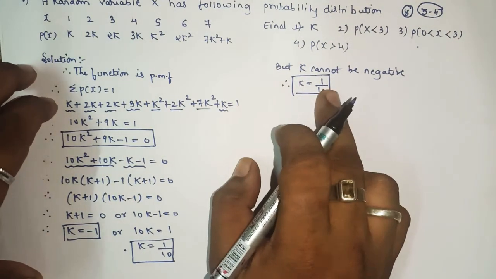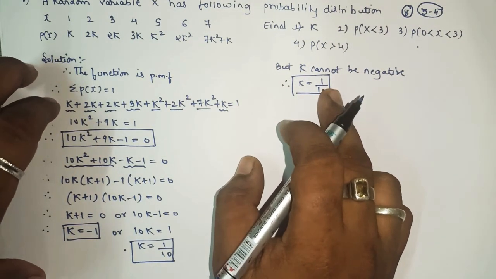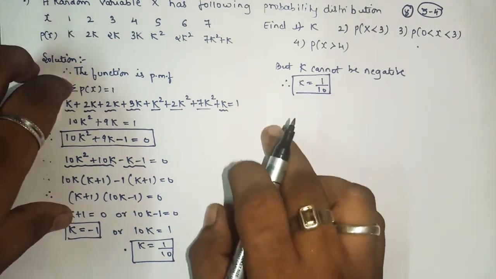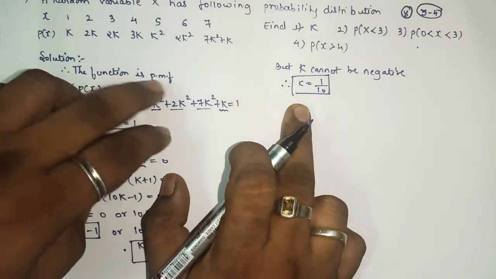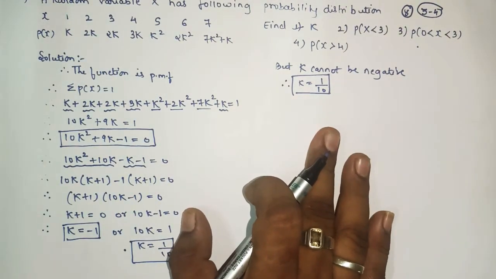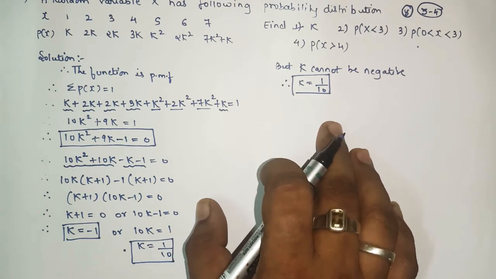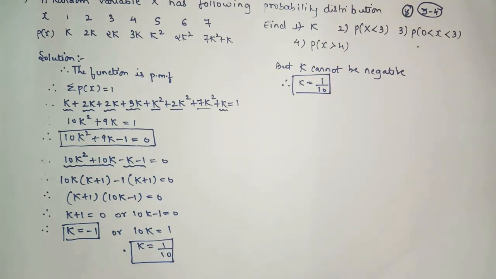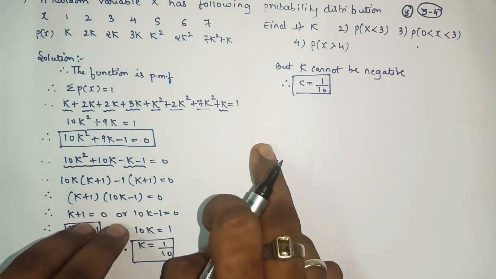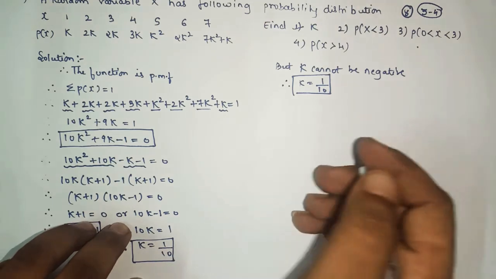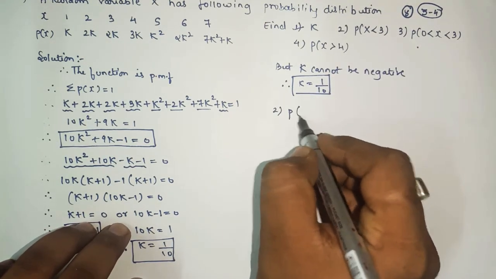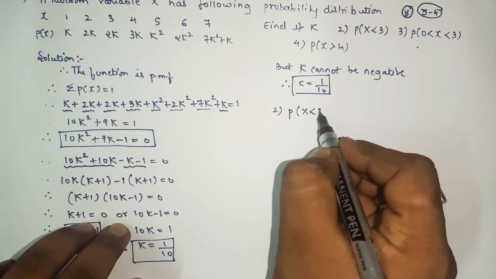So here we got the value of k. Yes or no? Okay. Now you can find the required PDF by substituting the value, or else, as in the last lecture I had explained the sum in one more method, without constructing a PDF, the required probability you can solve directly. As in the second one, we have to find P of x less than 3.